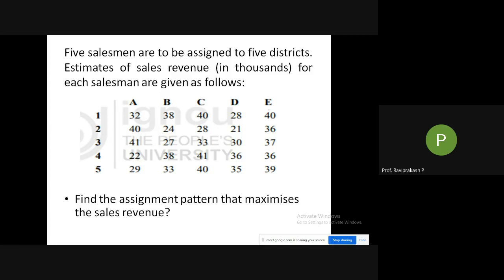Estimates of sales revenue, in brackets in thousands, for each salesman are given as follows. There is A, B, C, D, and E, then on the other side 1, 2, 3, 4, and 5. So write down the matrix.